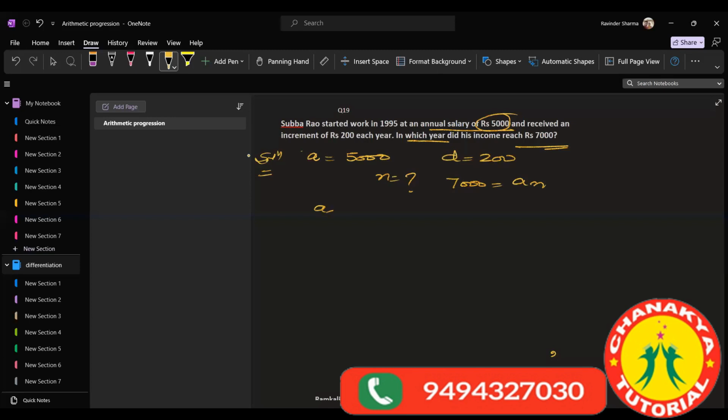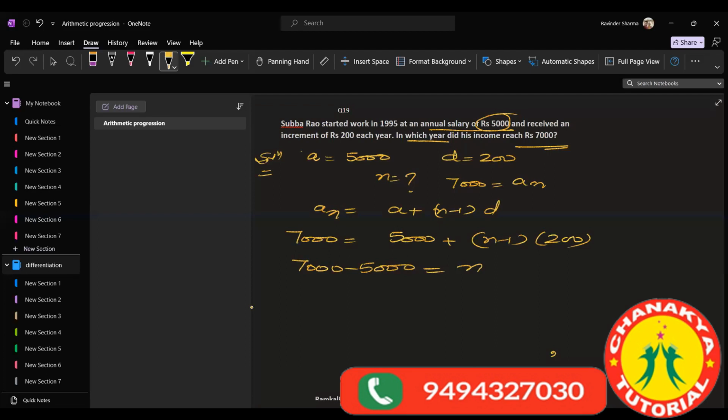Now apply the formula of AN: AN is A plus N minus 1 into D. AN is 7,000, A is 5,000, D is 200. So 7,000 minus 5,000 is equal to N minus 1 into 200.